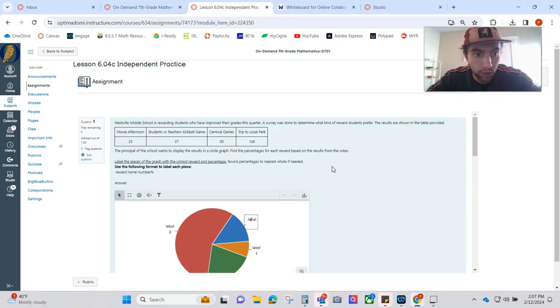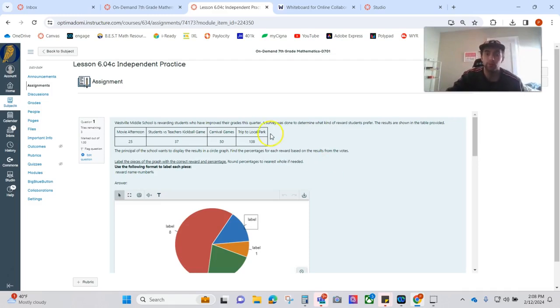Exciting stuff. Question one: Westville Middle School is rewarding students who have improved their grades this quarter. A survey was done to determine what kind of reward students prefer. The results are shown in the table provided.